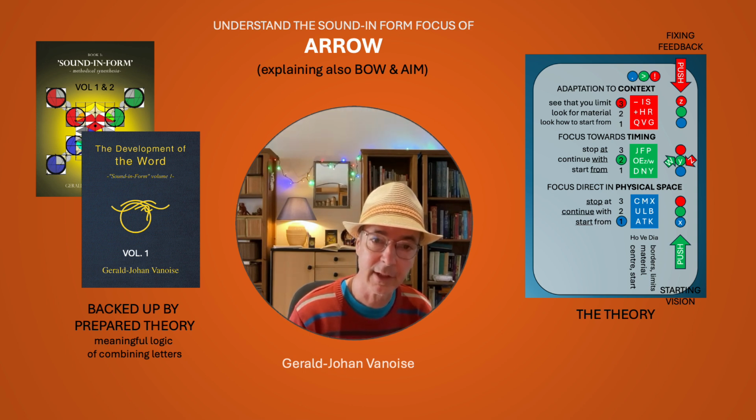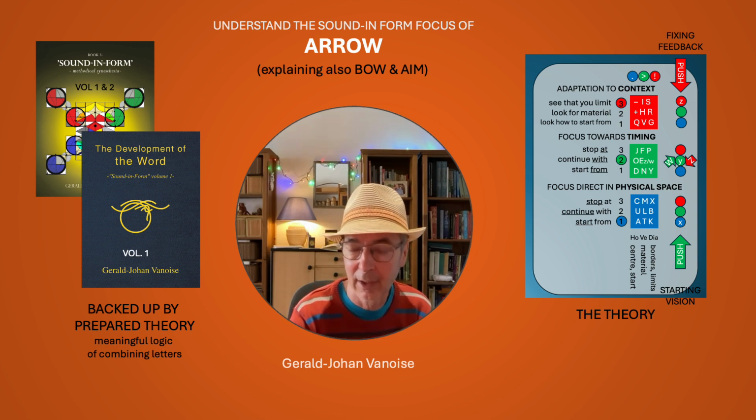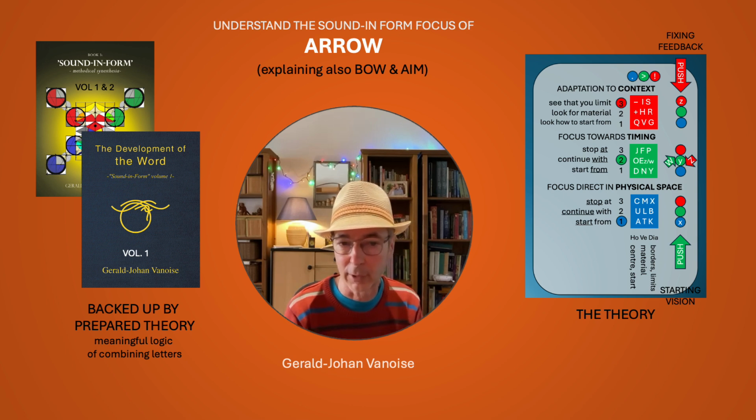So let's investigate arrow. I will make some detours first, but the end result will be clear immediately. In the beginning you might have a few times that you say, okay, but what can I do with that at this point, and is it true or not true? How can I know?